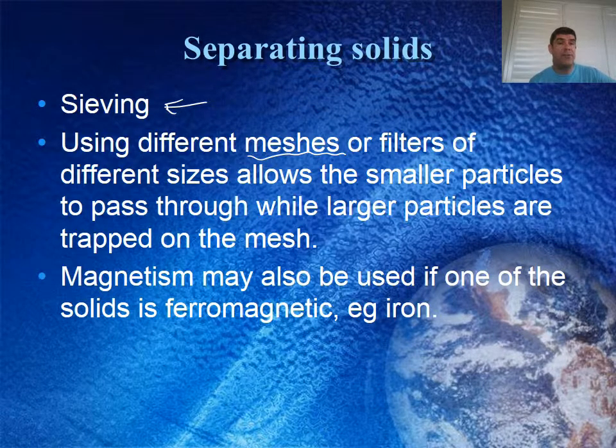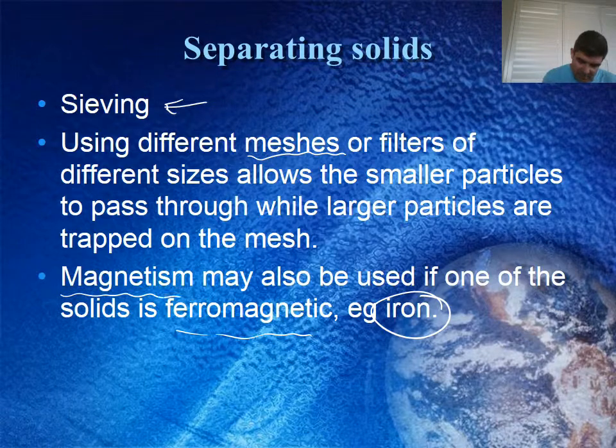If one of the solids is ferromagnetic, such as iron, then we may use a magnetic separation method. But most of the time, if we just have a mixture of different sized solid particles, some sort of a mesh or sieve is sufficient to separate them.